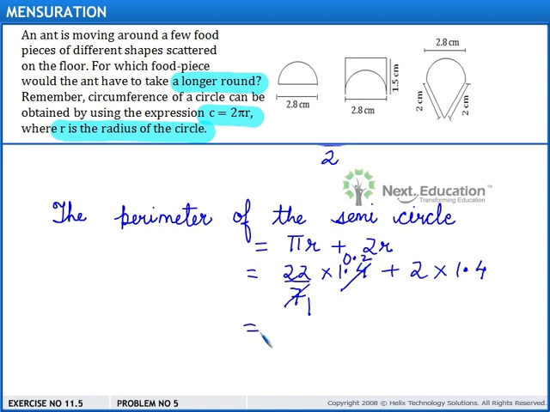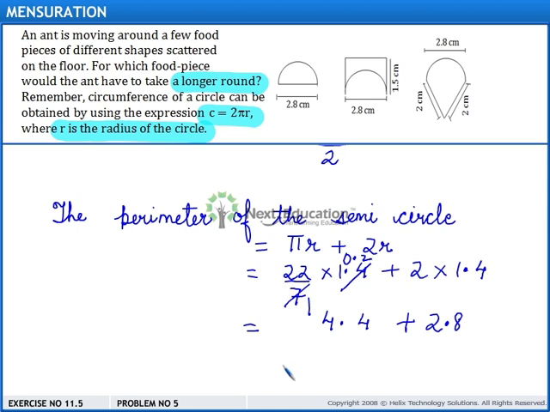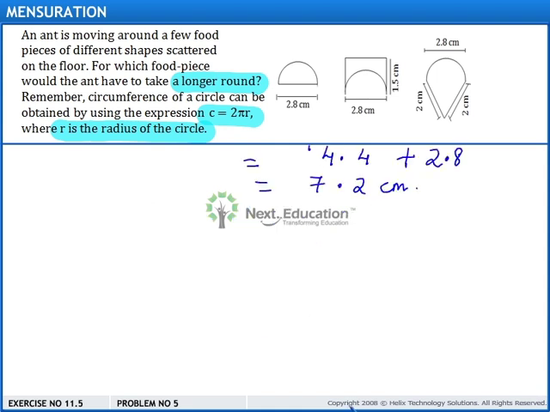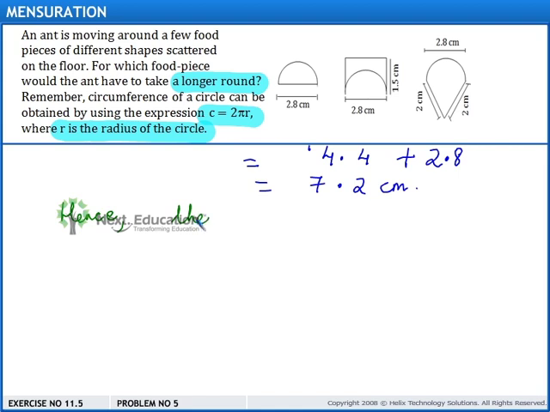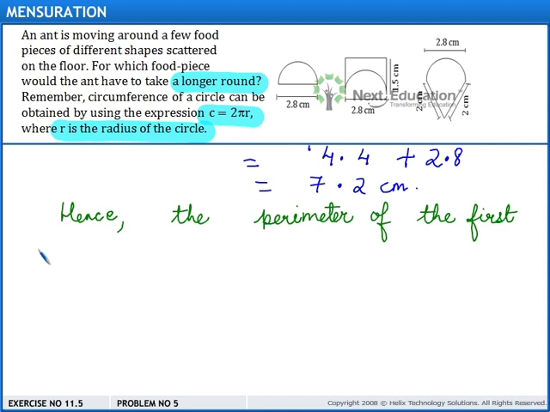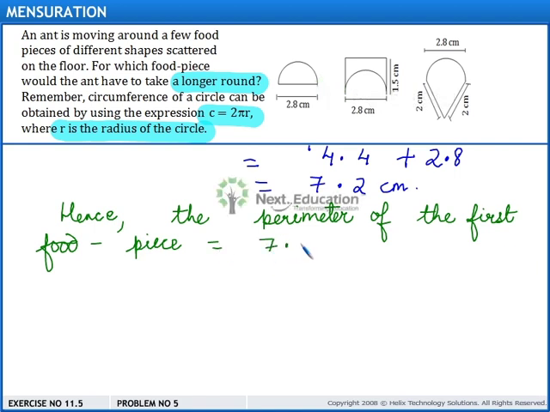So we have 22 into 0.2, which is 4.4, plus 2 into 1.4, that is 2.8, which gives us 7.2 centimeter. Hence, the perimeter of the first foot piece is equal to 7.2 centimeters.